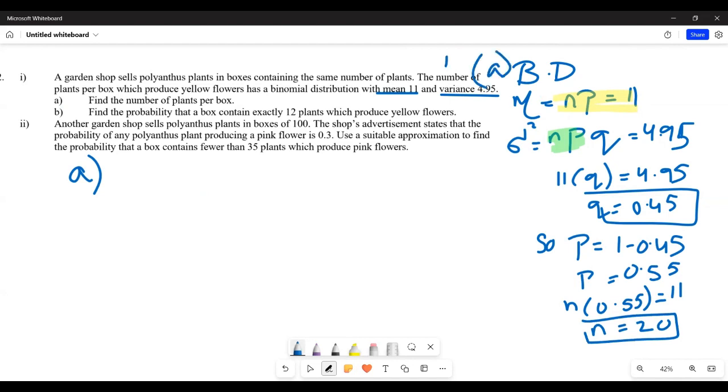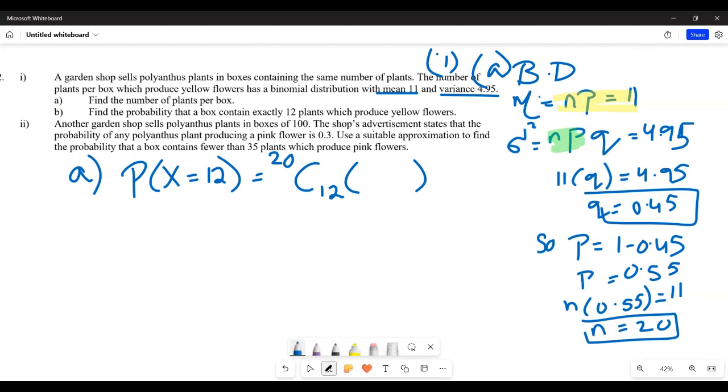Part 1, part A. Find the probability that a box contains exactly 12 plants which produce yellow flowers. Okay. So N is 20. So we have to find probability X is equal to 12. So it's going to be 20 C 12 probability of success. What's the probability that a yellow plant is produced?